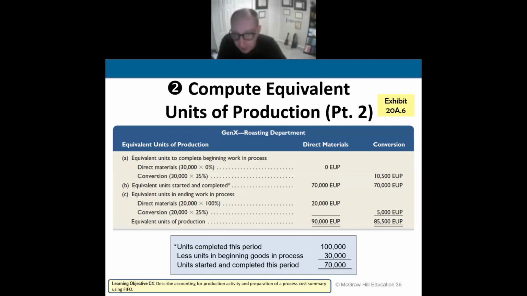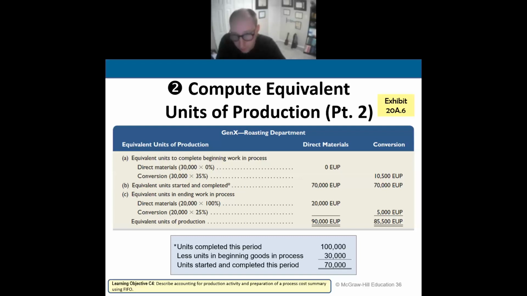The reason for direct materials being 0% equivalent units of production is because of the conversion happening at the beginning work in process. So 0 for direct materials; conversion, 35% of 30,000, that's 10,500.